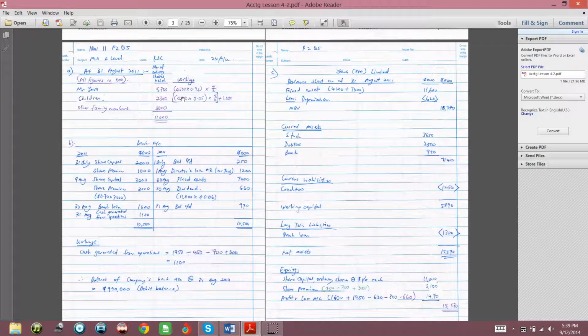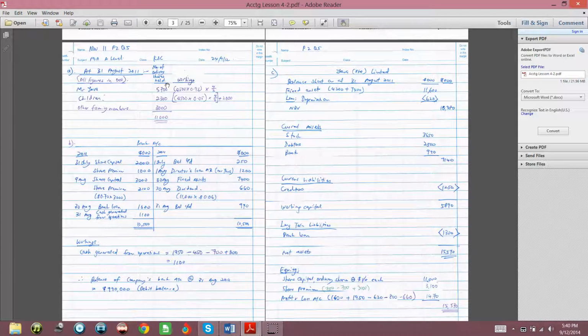Now you must be very clear what the question is asking. You look at question part A. Calculate the number of ordinary shares. They are asking you to count the number of ordinary shares. So that means they don't want to know the value of the shares. All they want to know is the number of ordinary shares.